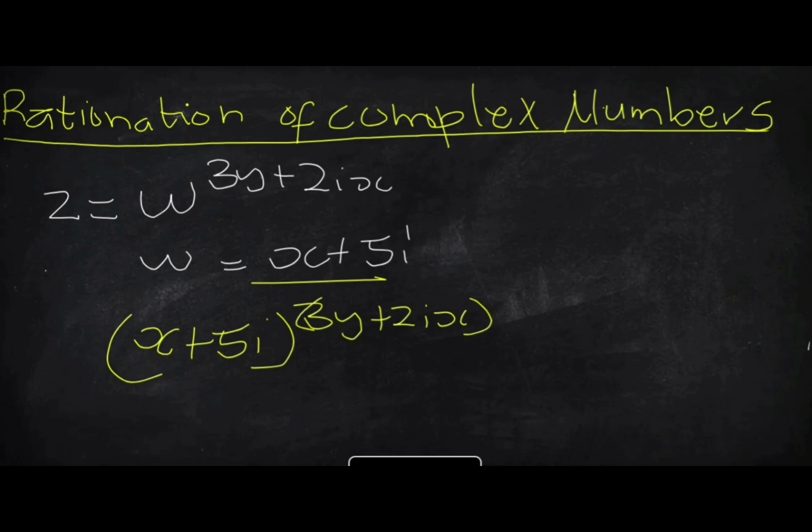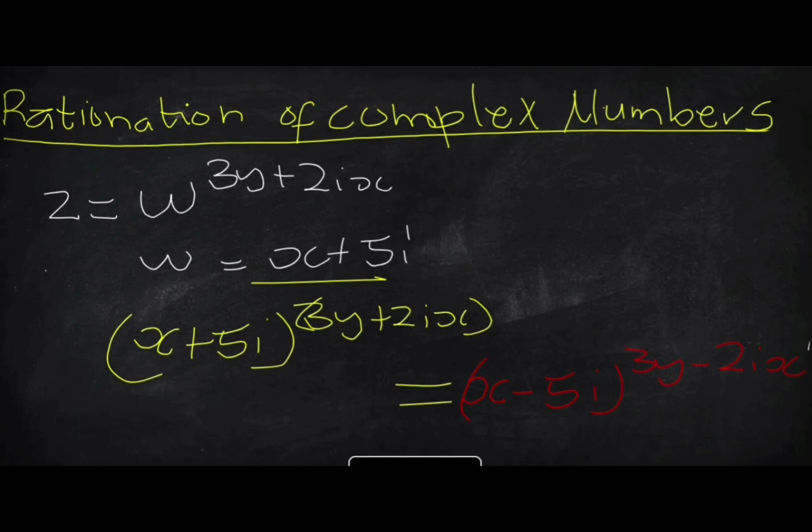The complex conjugate of this simply means changing the sign between the real part and the imaginary part. So that becomes x minus 5i for this part, and then the exponent 3y minus 2ix. So this becomes the final answer.